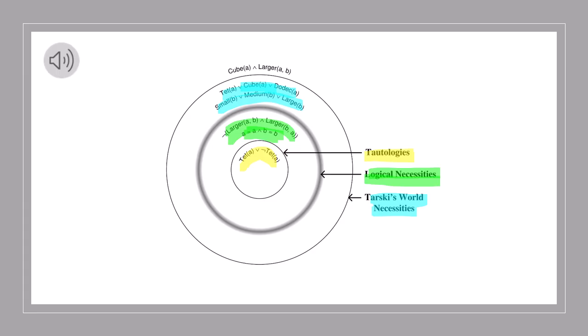And here's an example, right? So we could build a Tarski's world where it's true and one where it's false, and therefore we would say that it's not Tarski's world necessary. On the other hand, it would be Tarski's world possible, because you could certainly build a world with 2 blocks in it, named A and B, with A being a cube and A being larger than B.